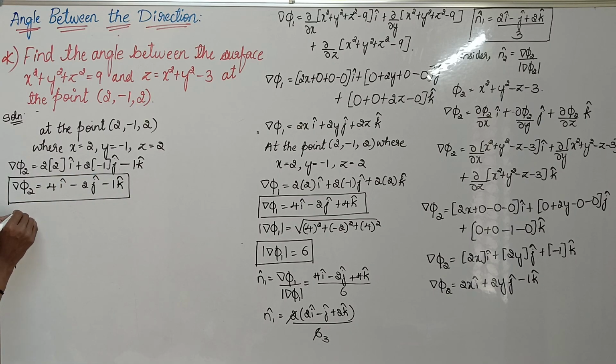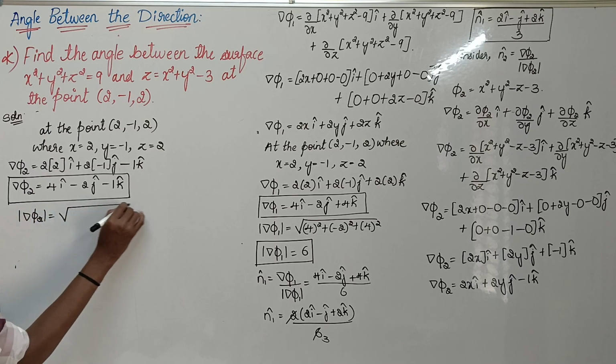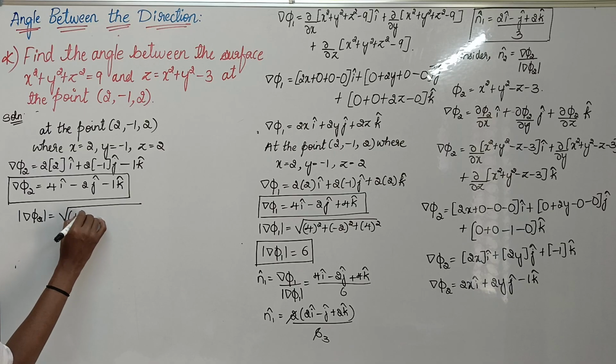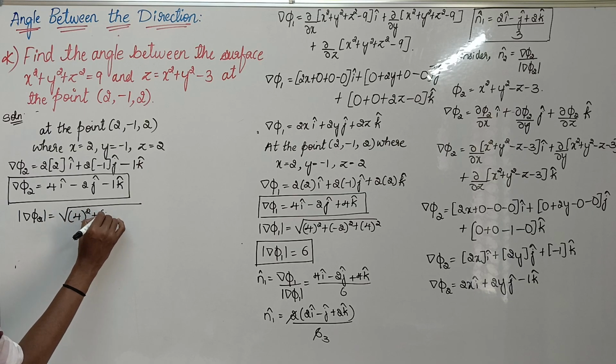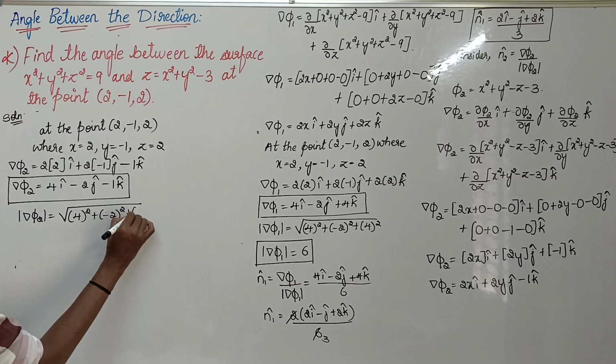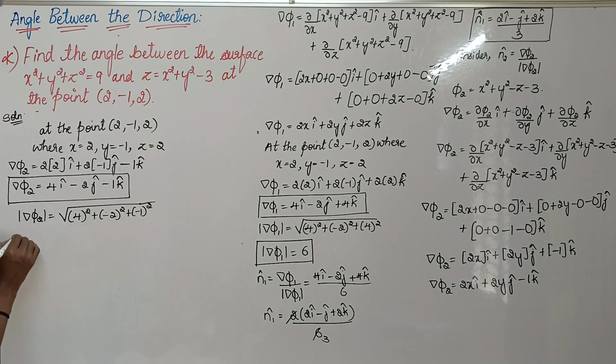Now I need to find the modulus of gradient phi2. Modulus of gradient phi2 is the square root of 4 square plus minus 2 whole square plus minus 1 whole square. Use the calculator so that you will get the solution directly. You get root 21.